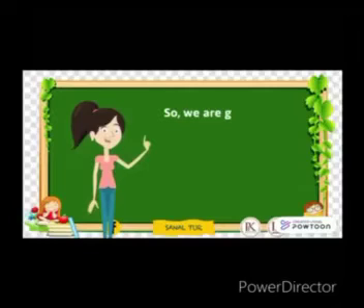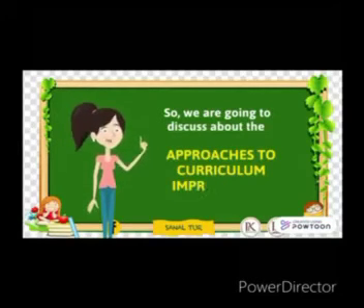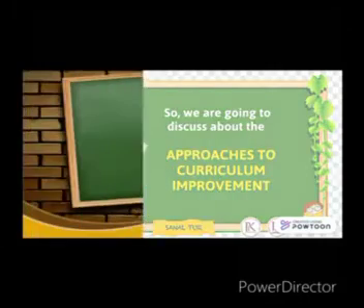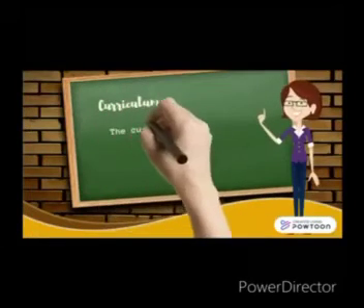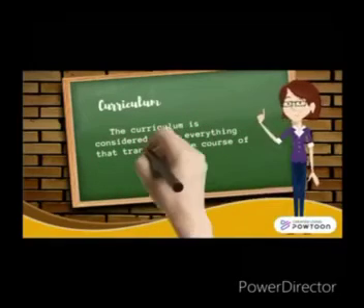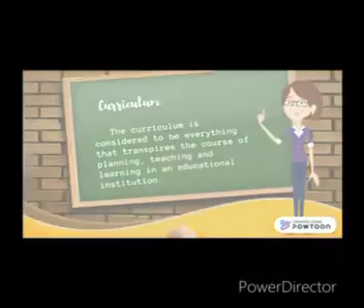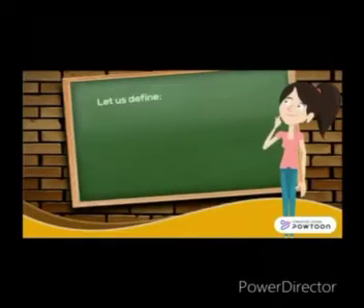So, we are going to discuss about the approaches to curriculum improvement. Curriculum is considered to be everything that transpires the course of planning, teaching, and learning in educational institutions. Let us define approach.